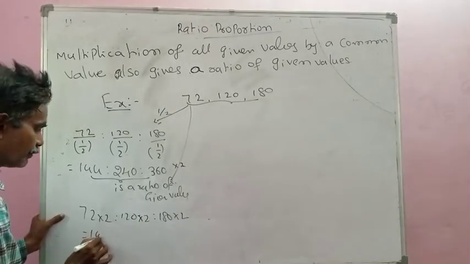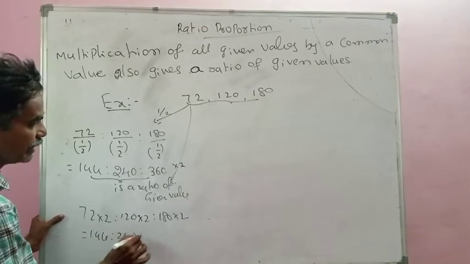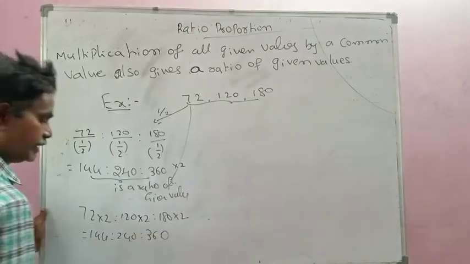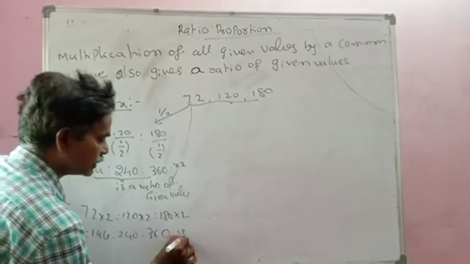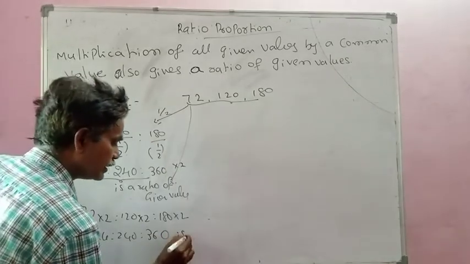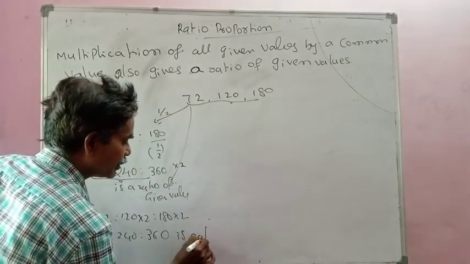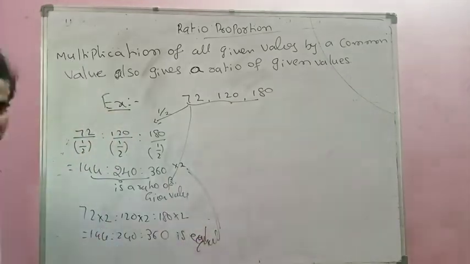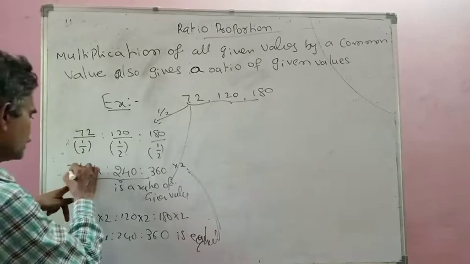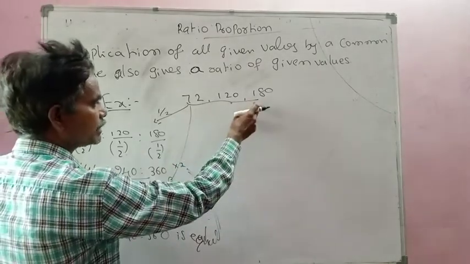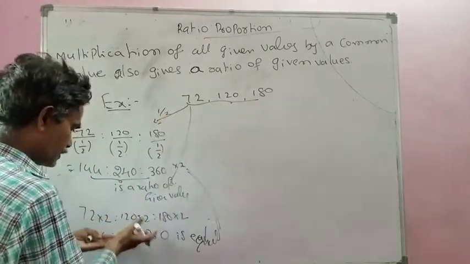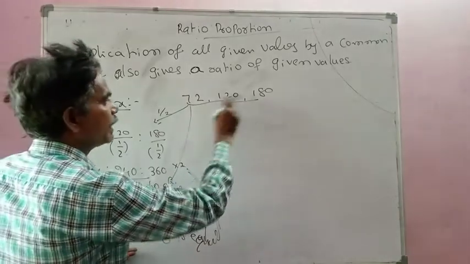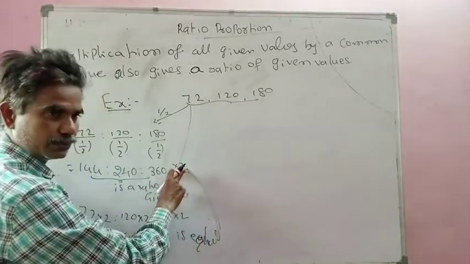Then we will get 144 is to 240 is to 360, which is equal to the already obtained ratio. This ratio is obtained by dividing all the values by 1/2, and this one is obtained by multiplying the given values by 2.